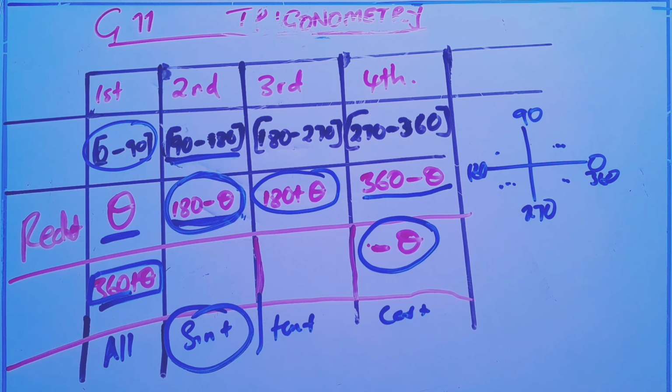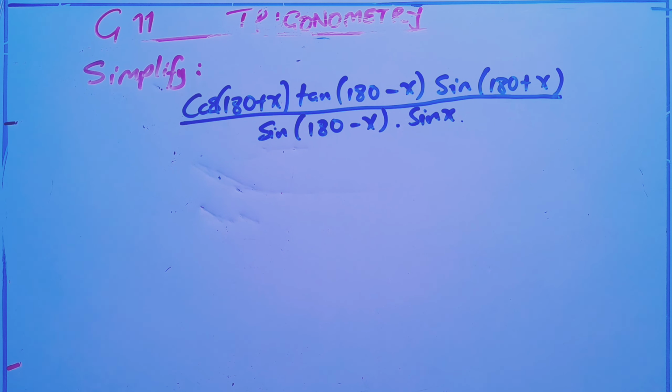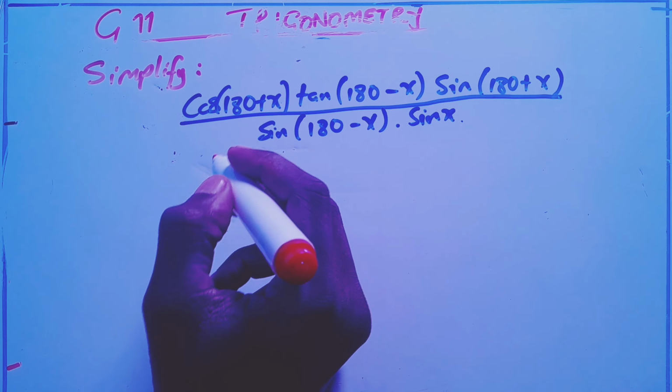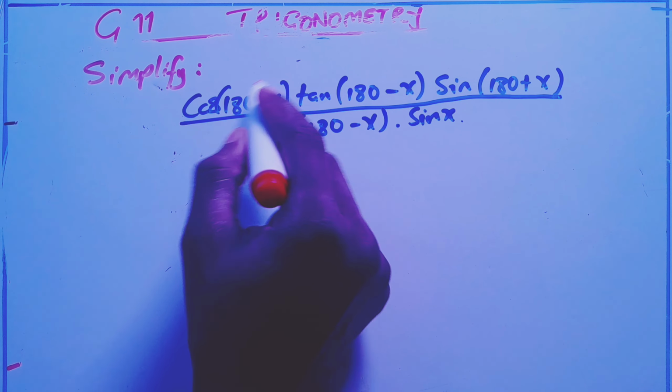So let me give you the examples on how to use the reduction formula, and trust me guys, this is very, very simple. Just pay a bit of attention and everything will be okay. So let's take a look at this one, guys. We have here 180 plus x, and this is the reduction formula.